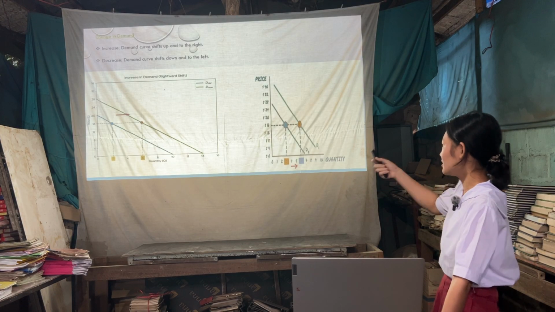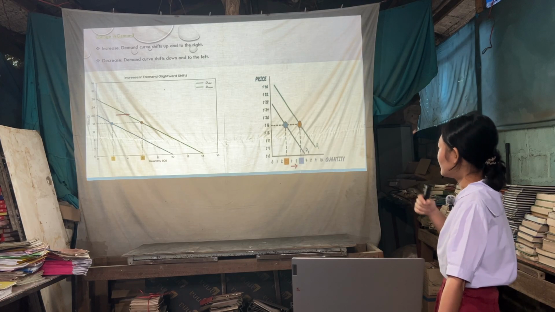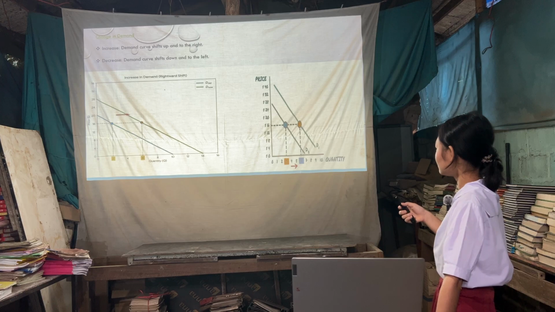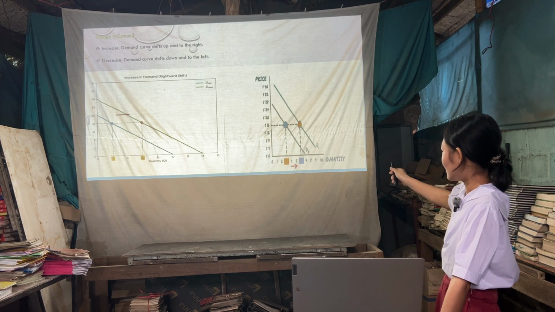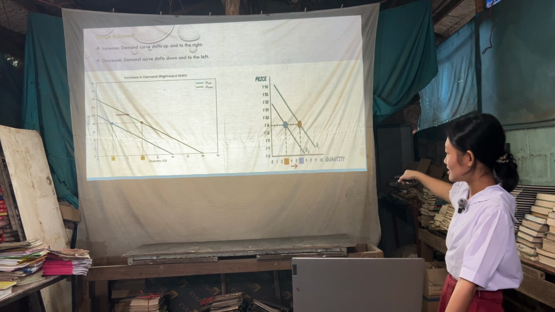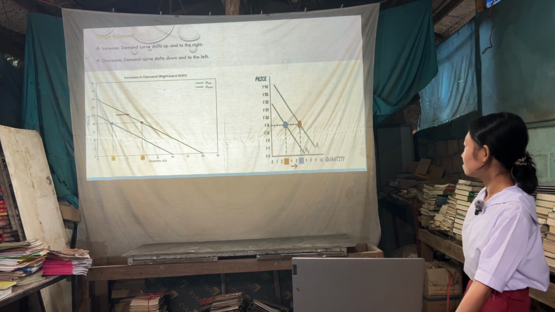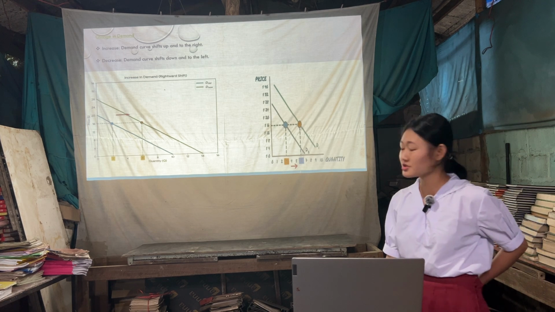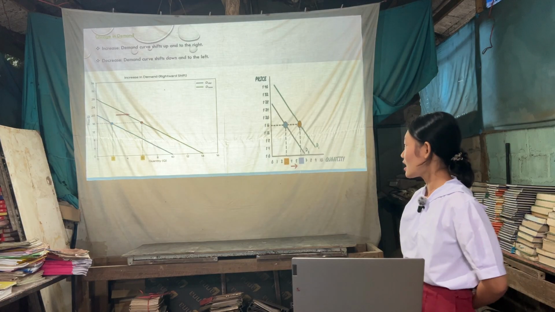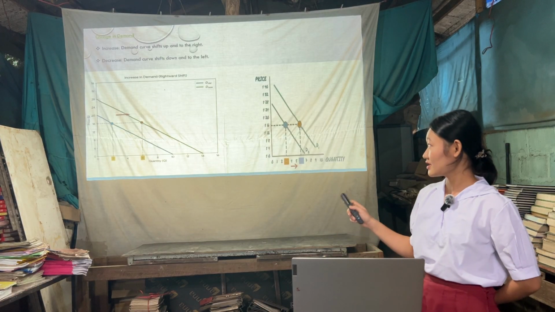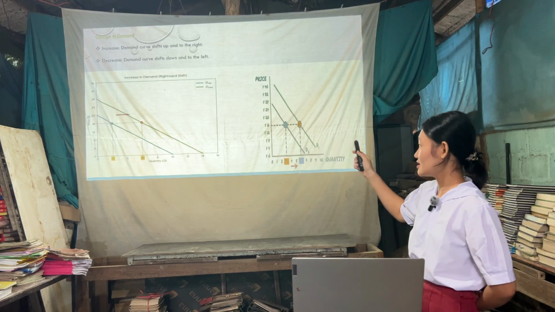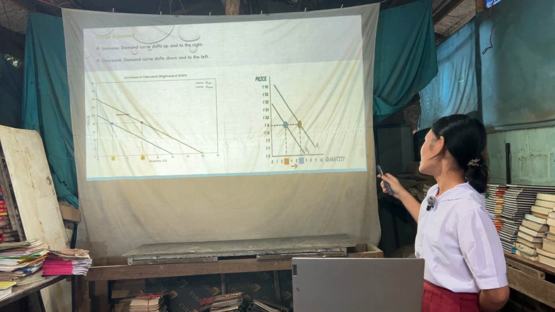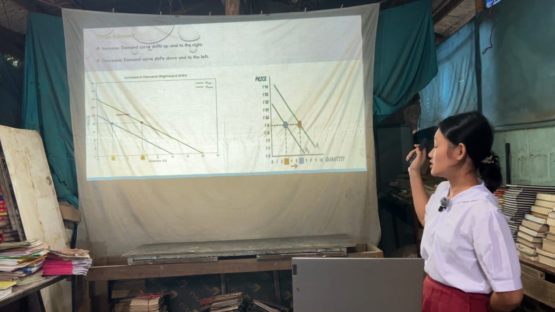At $16 we got 3 plants, and at $60 we got 6 plants. The difference between increase and decrease is that if it increased, the curve line jumped to the right. If it decreased, the demand curve jumped to the left.